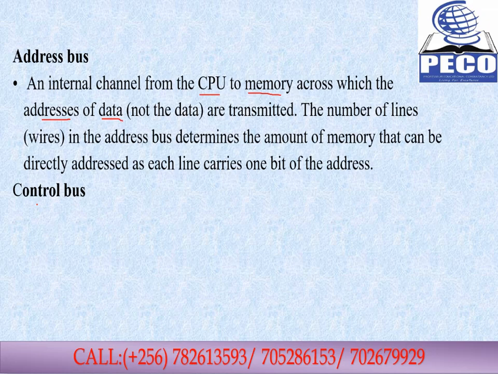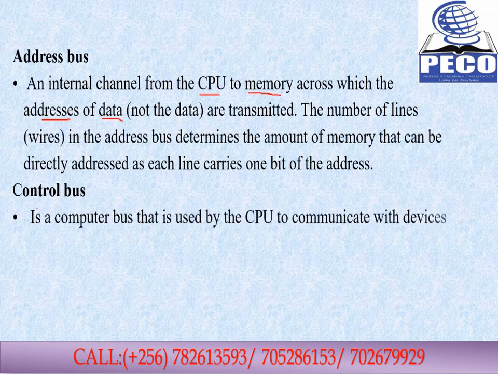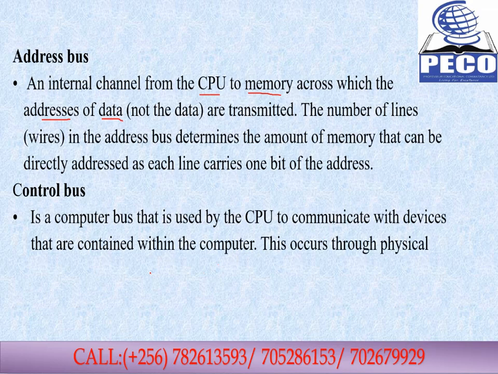Usually this work is done by the control unit. So we are looking at the control bus, which is a computer bus that is used by the CPU to communicate with the devices that are contained within the computer. This occurs through physical connections such as cables or printed circuits.